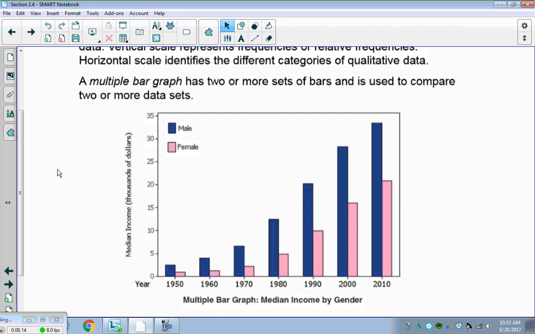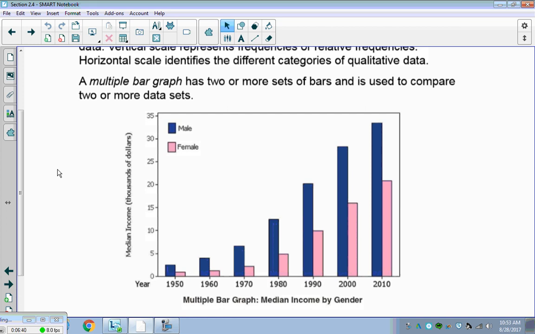And this particular one shows multiple bars in that it's comparing male and female. And I really was kind of disappointed when I saw that graph. I thought, wow, is that still true? It's a multiple bar graph, meaning that the dark purplish, blue maybe, is male and the pink is female. Median income in thousands of dollars.